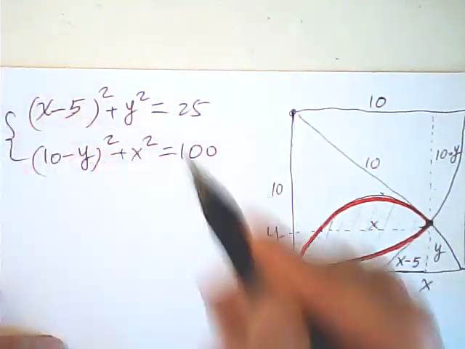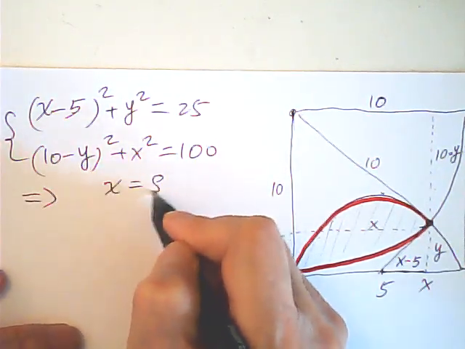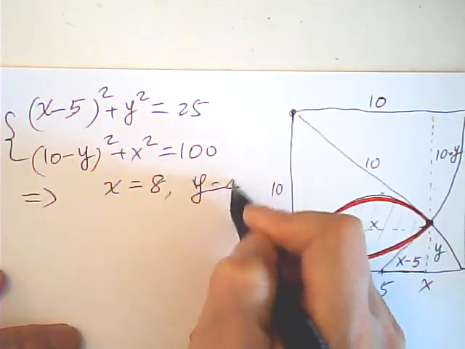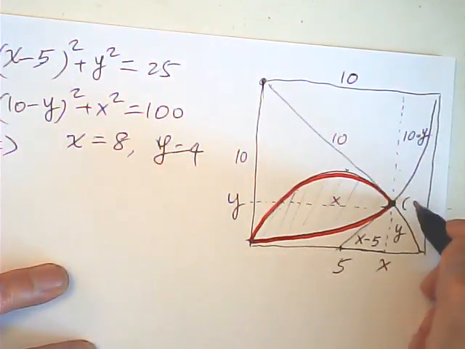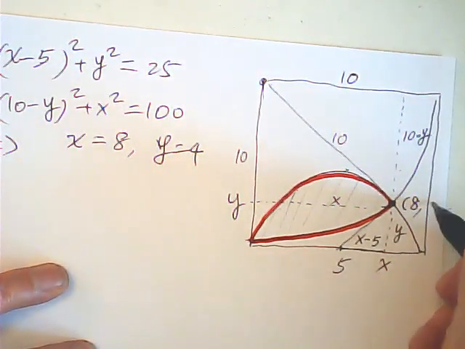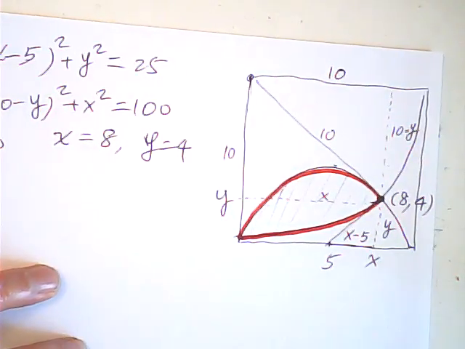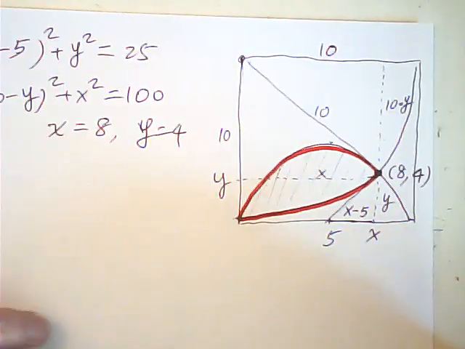So from these two equations, we can find x equal to 8, y equal to 4. Okay, so this point is (8, 4). Good, very nice.